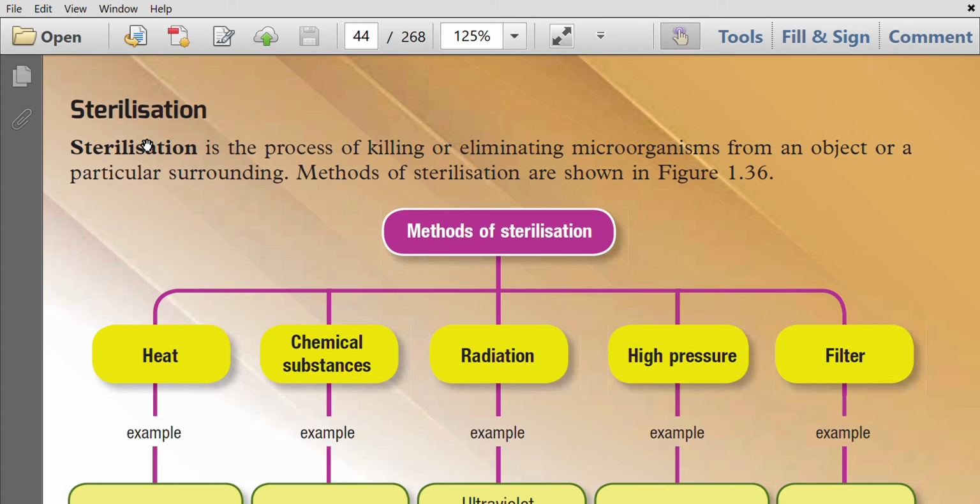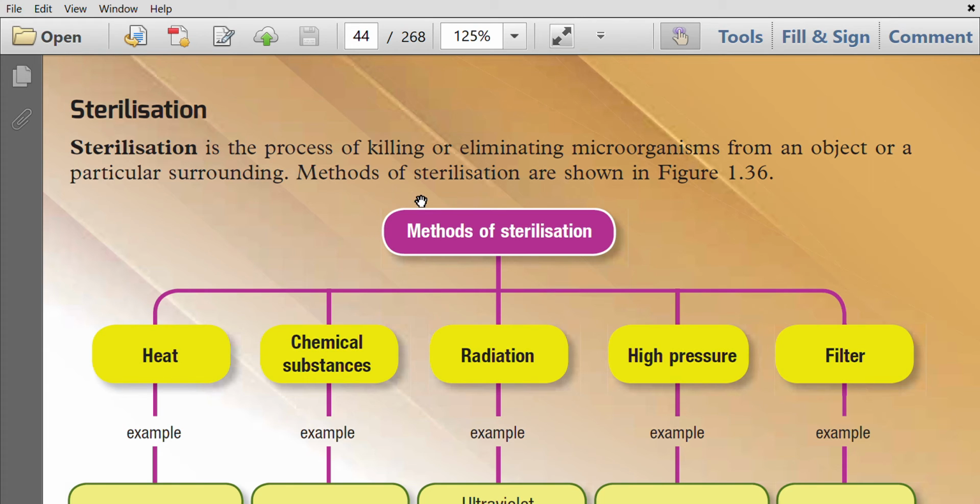Let's look into detail what is sterilization. In bahasa Malaysia, this is pensterilan. Sterilization is the process of killing, membunuh, or eliminating microorganisms from an object or a particular surrounding.